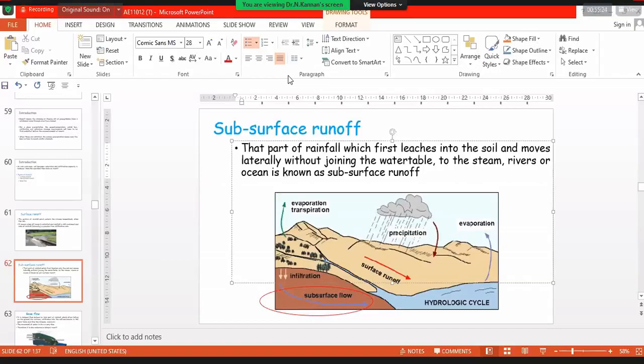Difficult, sir. You have to try, you know. Okay. Nayaka, can you explain subsurface runoff? Difficult, sir. Okay. Navodi, can you explain?